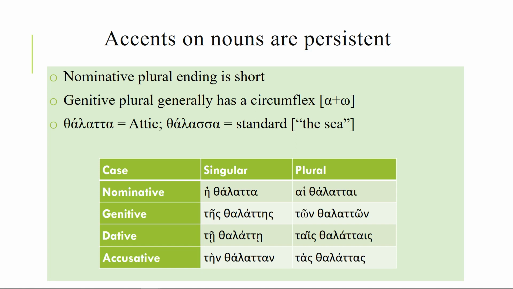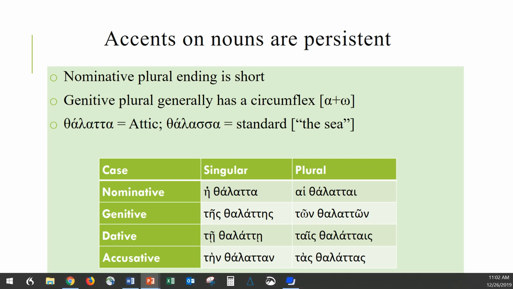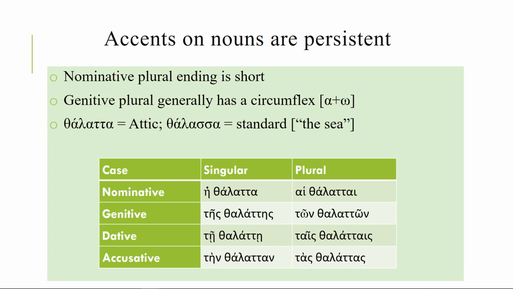People talk about whether Minos, King Minos of the Minotaur fame, had a thalassocracy or not. So there are just a couple of words like this where you'll get a double tau instead of a double sigma. There's a lot of regional variation of dialects. We are sticking with the Attic Ionic for the most part, but you will see, if you read other authors like Herodotus, you will see weird spellings. So keep that in mind.